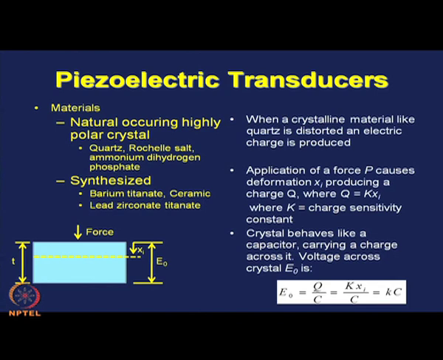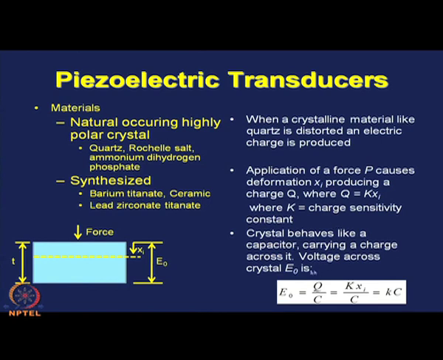Finally, let us briefly talk about piezoelectric transducer. When a crystalline material like quartz is distorted, an electric charge is produced. Application of a force P causes deformation Xi, producing a charge Q, and you can write Q equal to K into Xi, where K is the charge sensitivity constant.